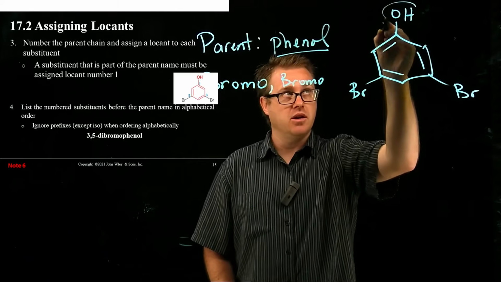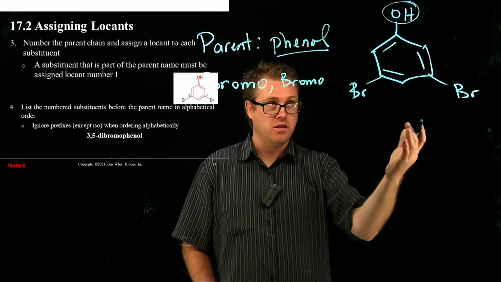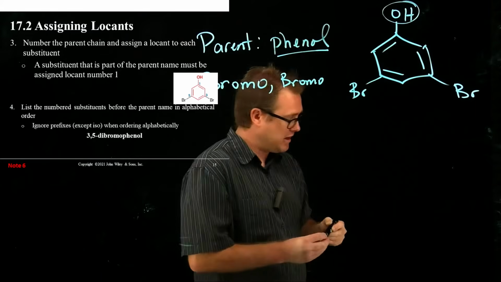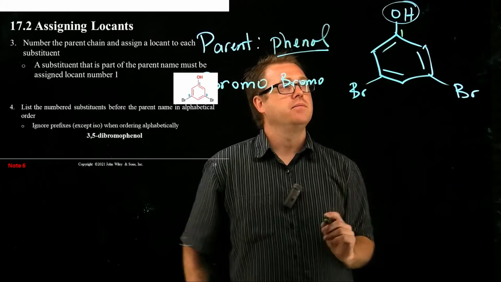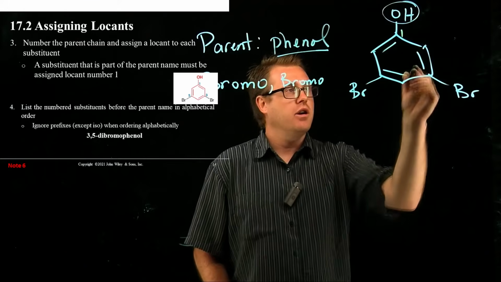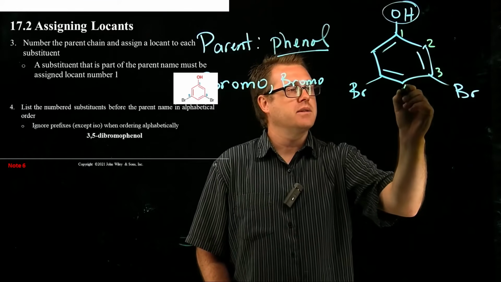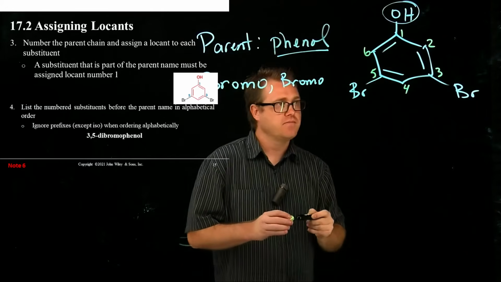This OH is the substituent that gives it the parent name of phenol, so this carbon has to be carbon 1. Then you go around the ring to give the other substituents the lowest locator numbers possible.